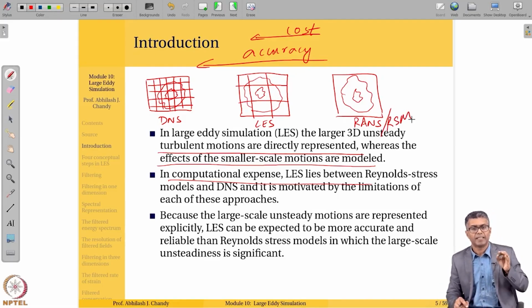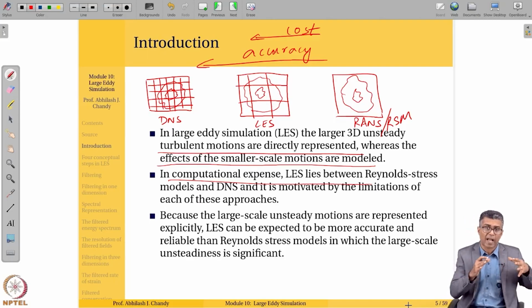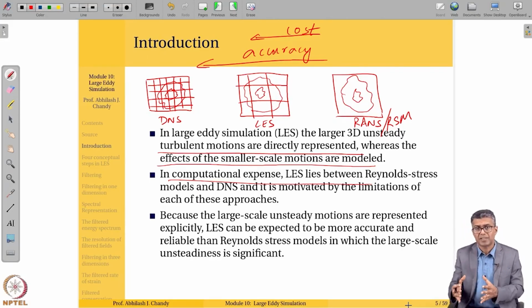The motivation for coming up with an LES approach is that we probably don't want to resolve all the length scales. As we saw in the previous module, a lot of effort is spent on resolving the dissipative scales, so maybe that is not what we want. At the same time, we don't want to be as bad as RANS, because we want it to be reasonably accurate.